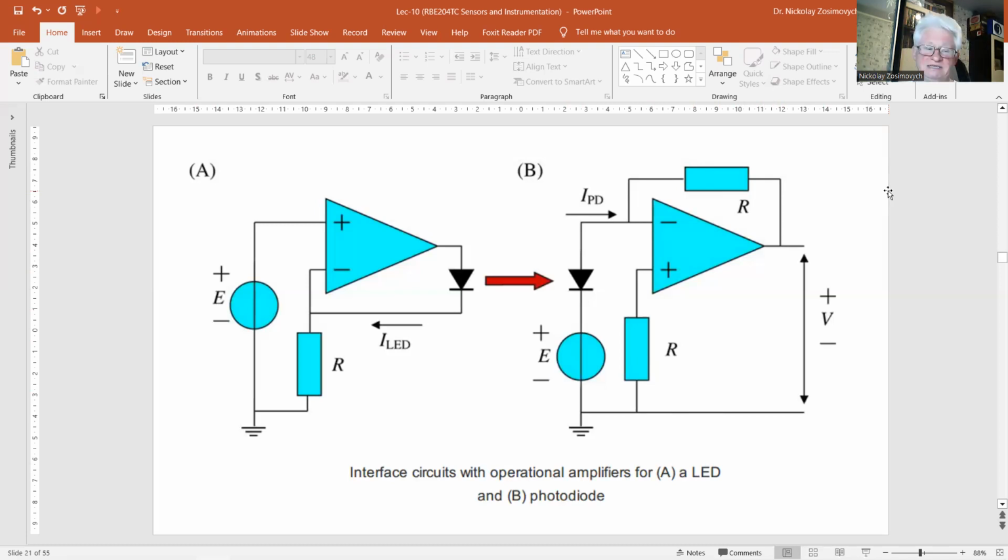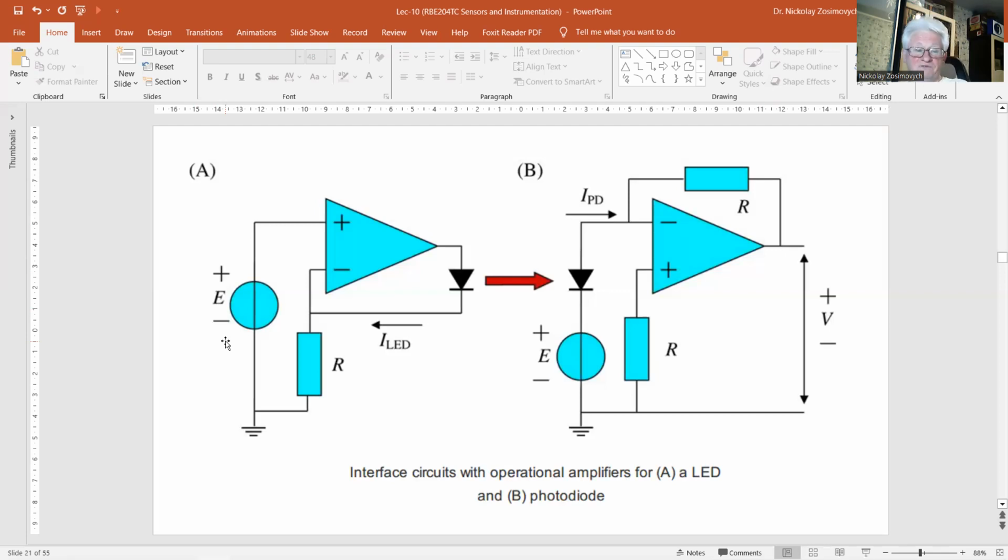An effective way to eliminate the influence of environmental light is intensity modulation. And this can easily be achieved using the circuit on the left side. The optical output power is proportional to the input voltage E. So when E varies, the intensity is modulated by this voltage.